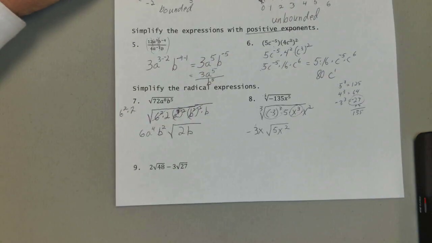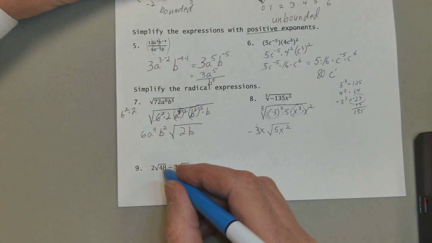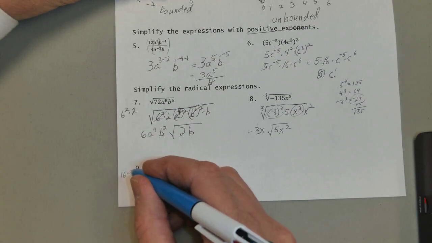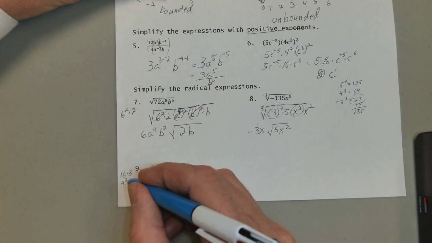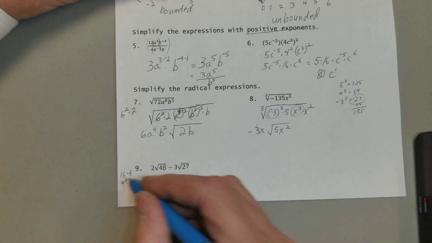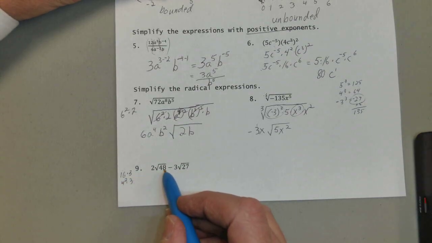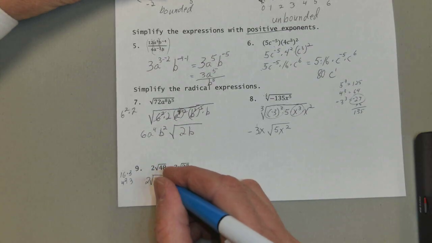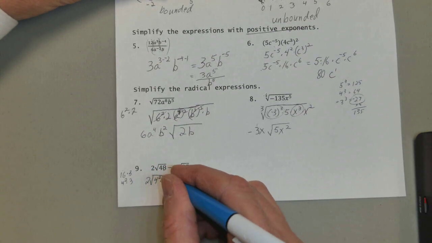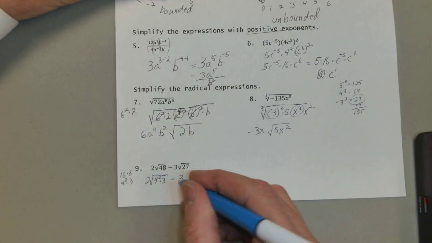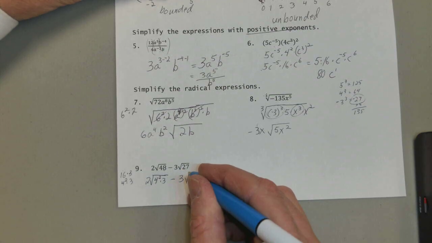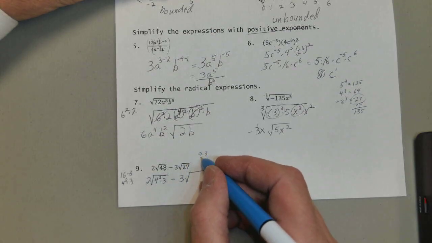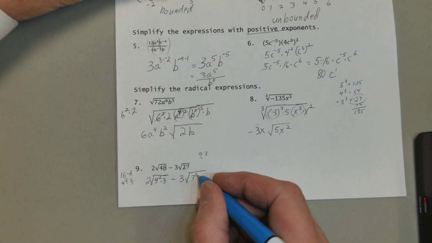All right. I'm going to simplify this one. 48 is 16 times 3. That's 4 to the second times 3. That's my biggest square that goes in there. So it's 2 square root of 4 squared times 3 minus 3 square root of, now that's 9 times 3, so that's 3 squared times 3.